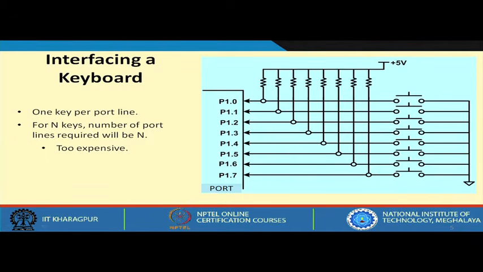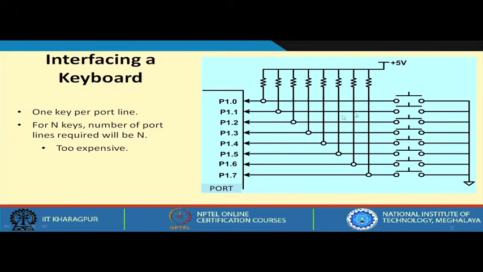Now, this is the same thing. Here what I am saying is that if there are n number of keys, the number of port lines required will be n. I need n number of lines. So, if there are 8 bits per port, then I will be needing the ceiling of n divided by 8 ports, okay.